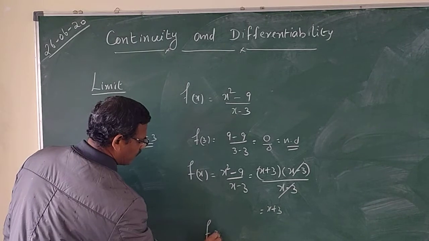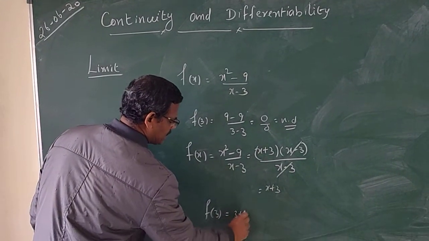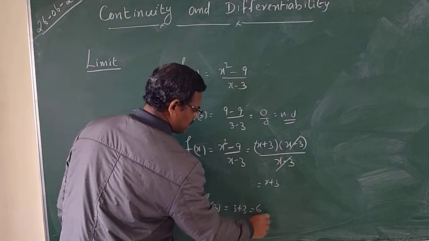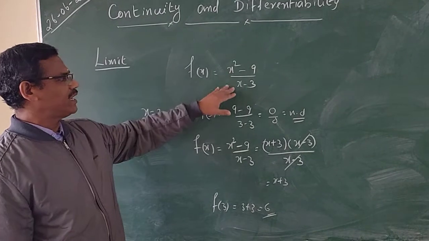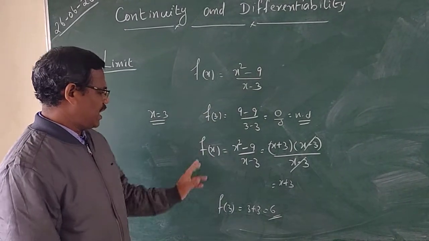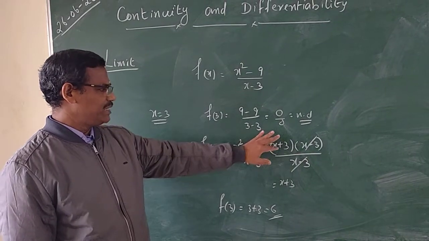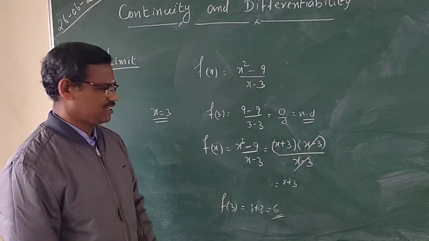Now if you find f of 3 here, you get 3 plus 3, 6. You can see that in one place we directly substituted the value and got f of 3 as not defined, and in another way, by simplifying, we substituted the value and got the value as 6.